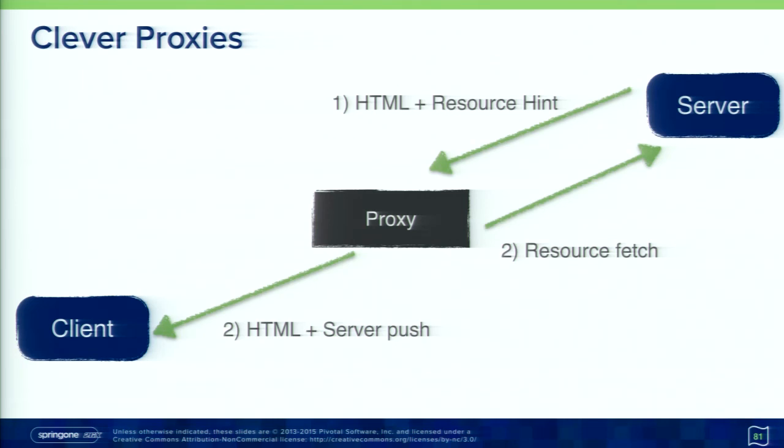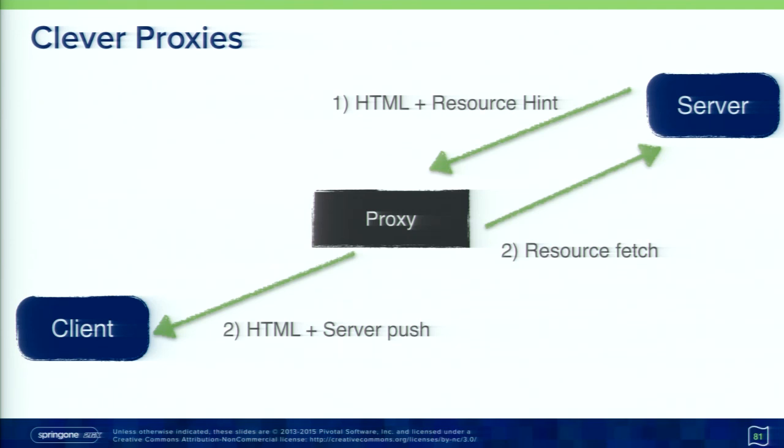In production, we can also think about proxies, because we often have proxies in front of servers. If you're using, for example, a CDN, one thing that CDN vendors could do is this: when the client is asking for a resource, if your server is responding with HTML and resource hints, like pre-connect or pre-fetch, the CDN proxy could be clever and fetch that resource, and whenever a browser requests it, push it, because it knows that you are giving that hint.